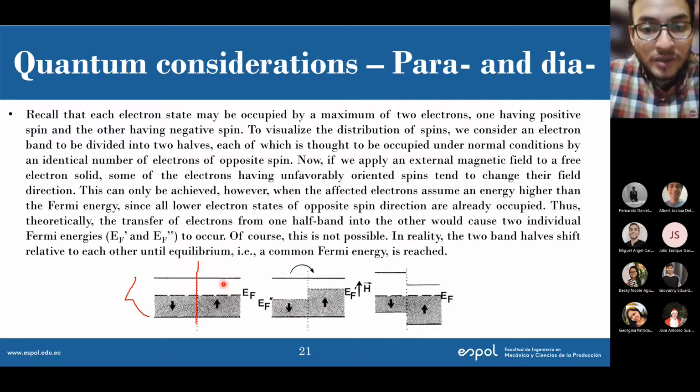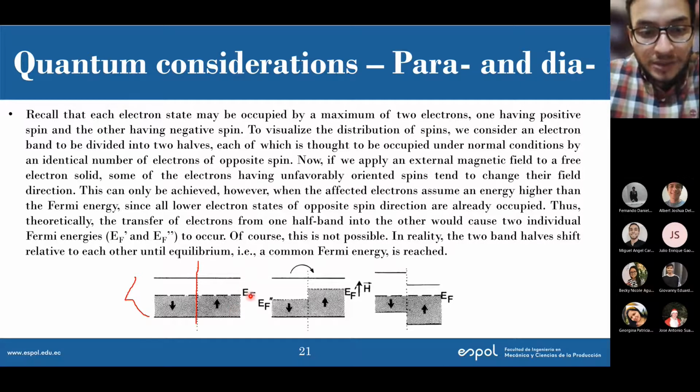So those affected electrons will assume an energy that is at least equal to the Fermi energy, because all the lower electron states of opposite spin directions are already occupied, right?